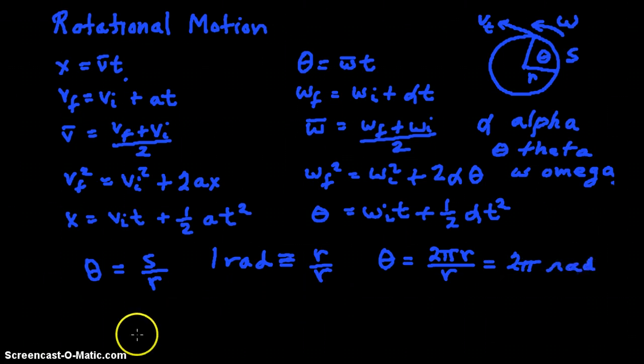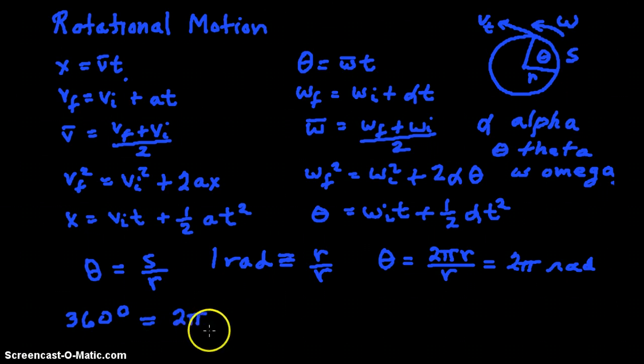And then you might recall that there's 360 degrees in a circle. The angle formed by a complete circle is 360 degrees. That equals 2 pi radians.